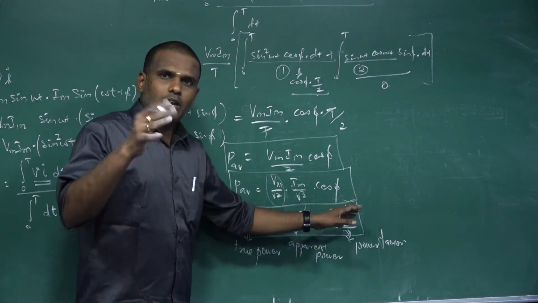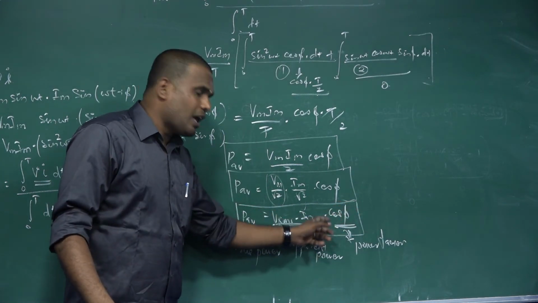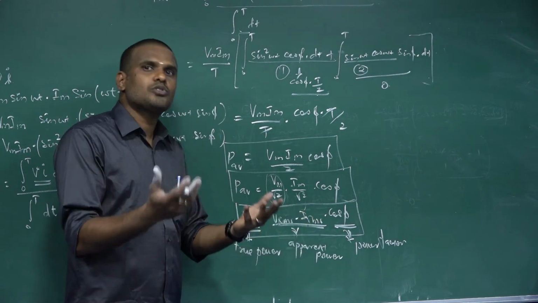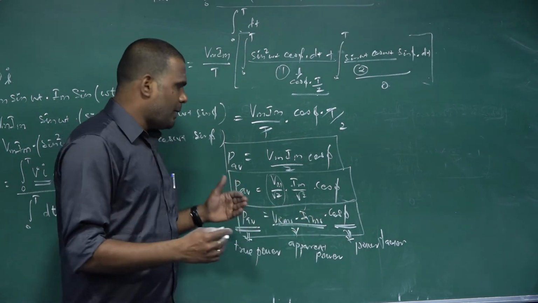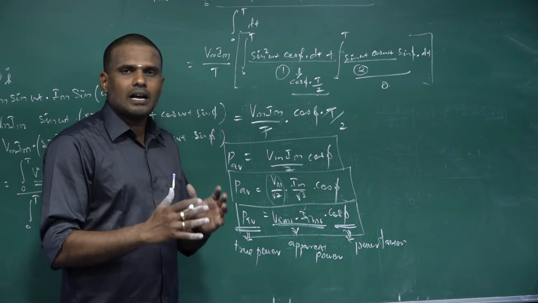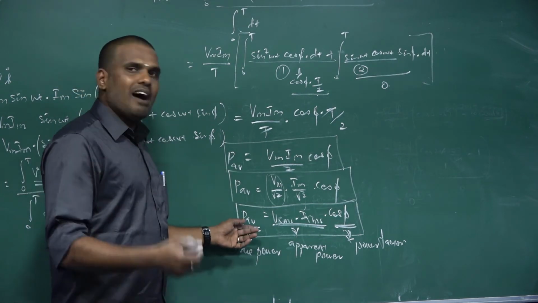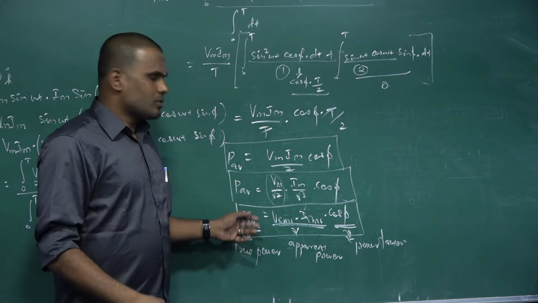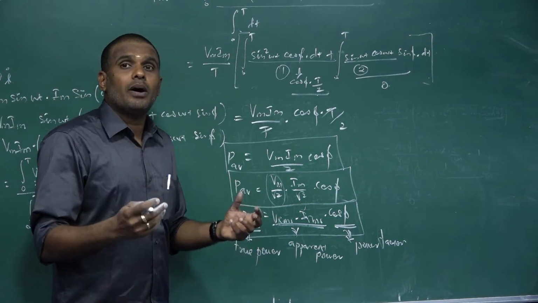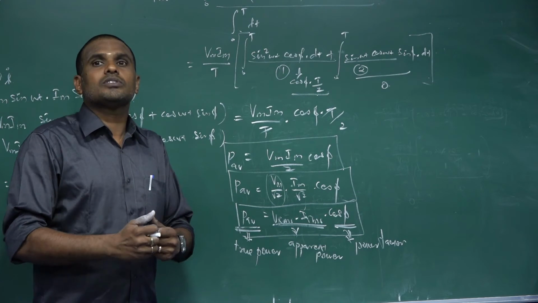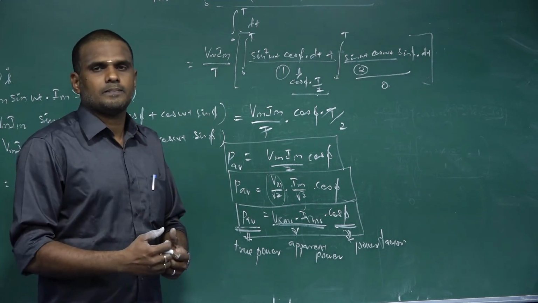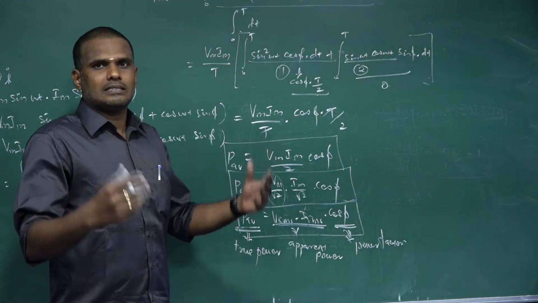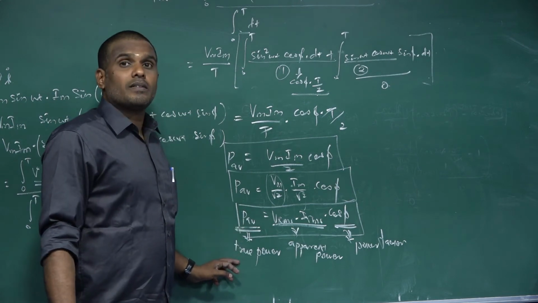With the varying values of cos phi, this product will also change. Which means, depending upon the value of the phase angle between the voltage and the current, the average power consumed by an electrical circuit varies. So, the amount of power that has been consumed by the circuit, which is used by the circuit, which is dissipated as energy, is termed true power of the circuit.